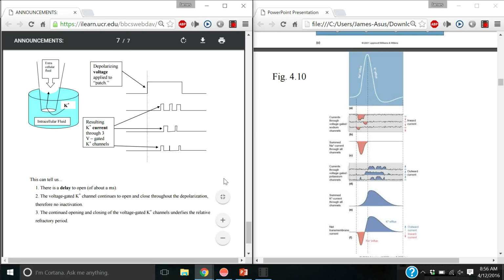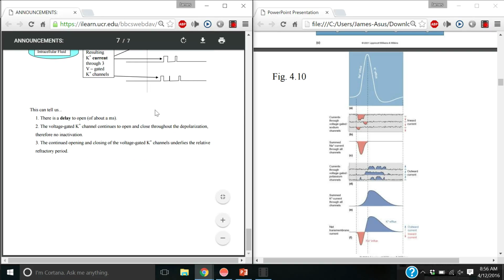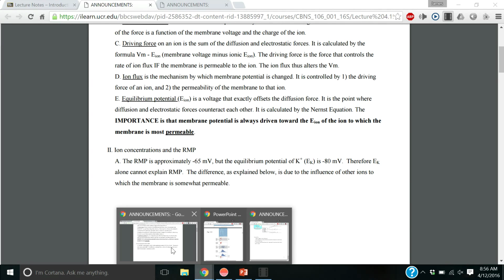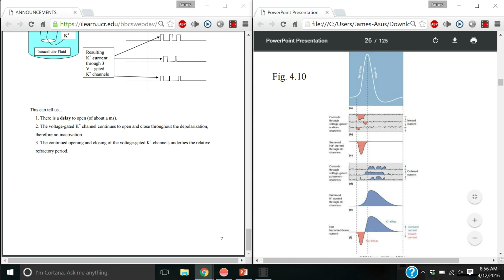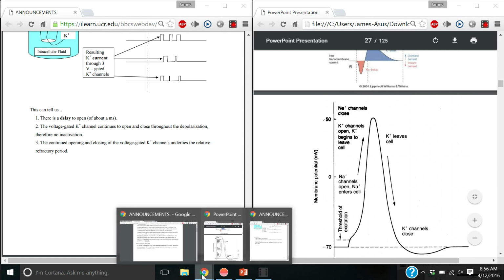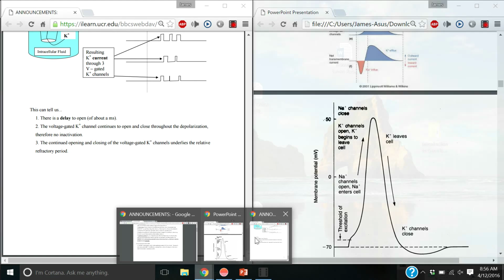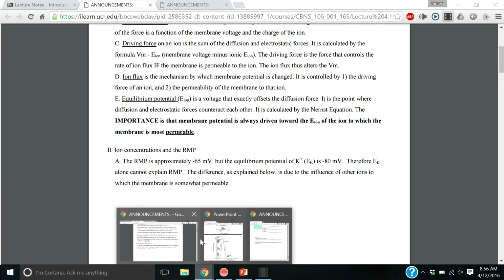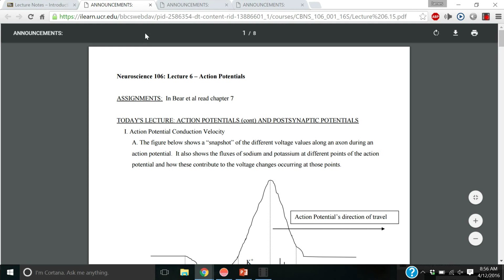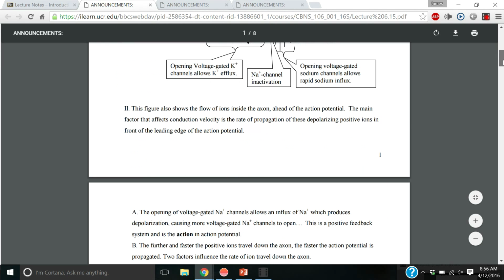Okay, let's go on to the next step here. And the overarching theme now is conduction velocity. But embedded within that overarching theme, there are lots of conceptual get-it points, things that should help you conceptualize the action potential in a more dynamic form as it's flowing along the axon.